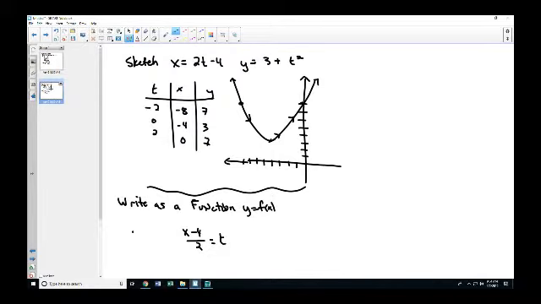Yeah, so solve the x value for t. Then what? Separate them. Plug it into another one. Plug it into what? Yeah, the y one. Plug into y.